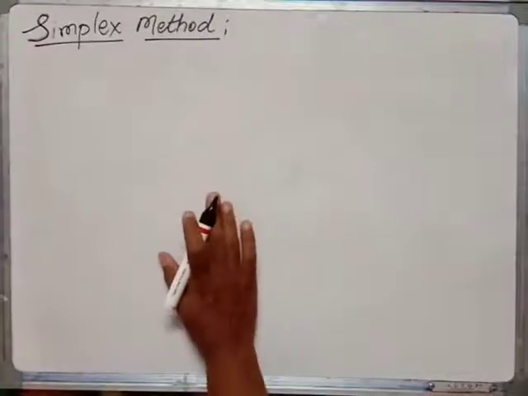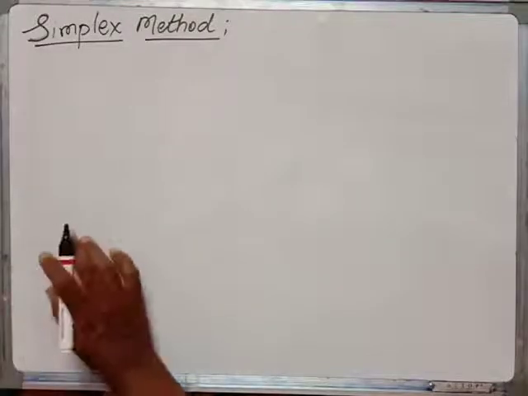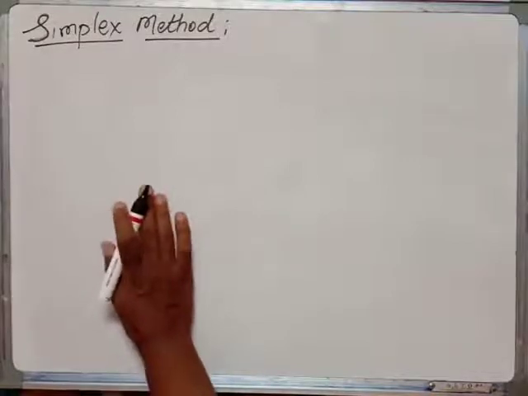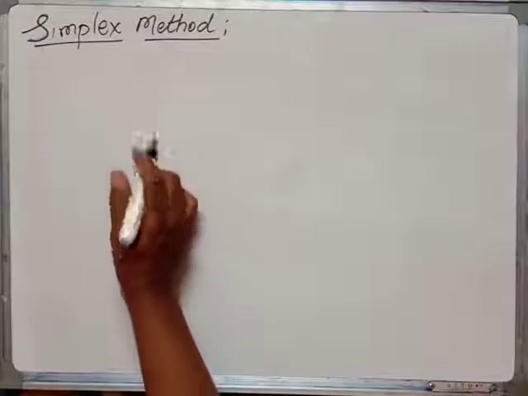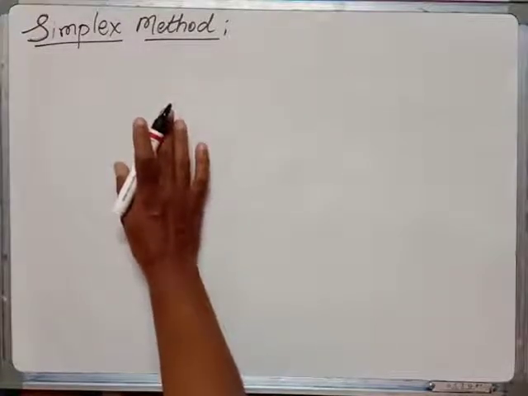Now in previous video we have seen that we had reduced the given LPP into its standard form, and also we have found its initial basic feasible solution. But we have observed that the initial basic feasible solution cannot provide the optimal solution to the LPP, but the improvement of that solution can provide the optimal solution to LPP if it exists. So for that we will use this method.